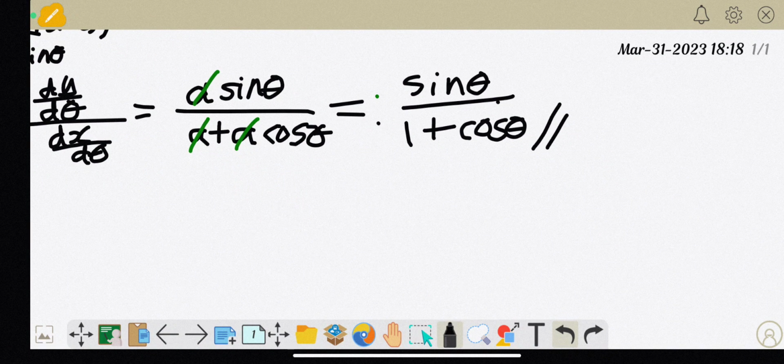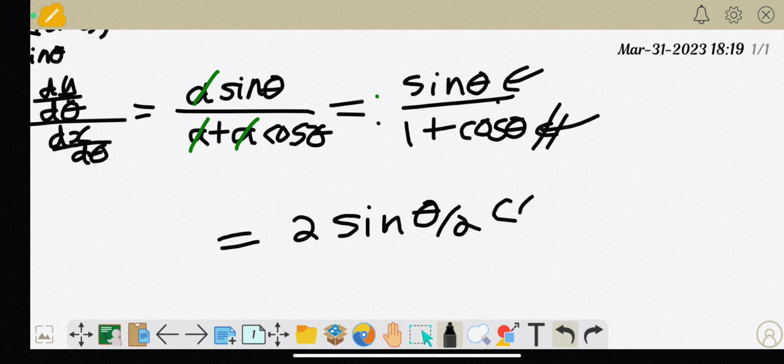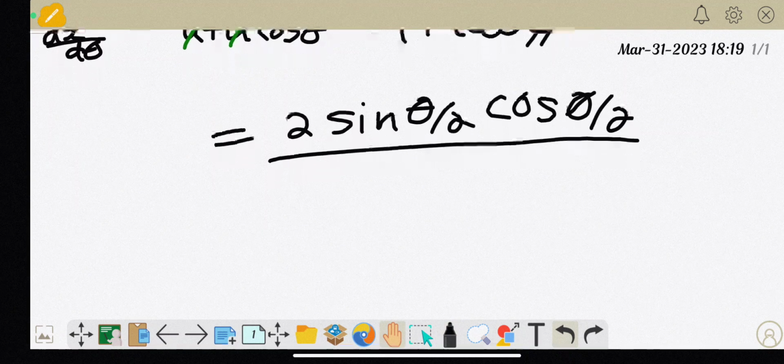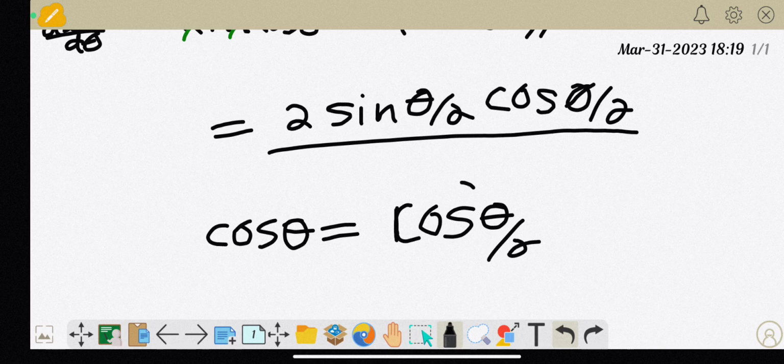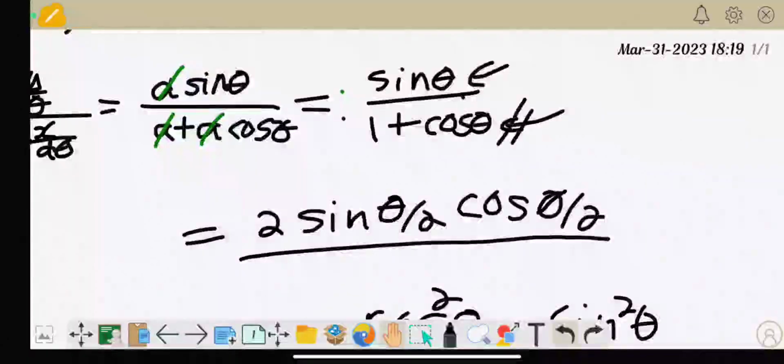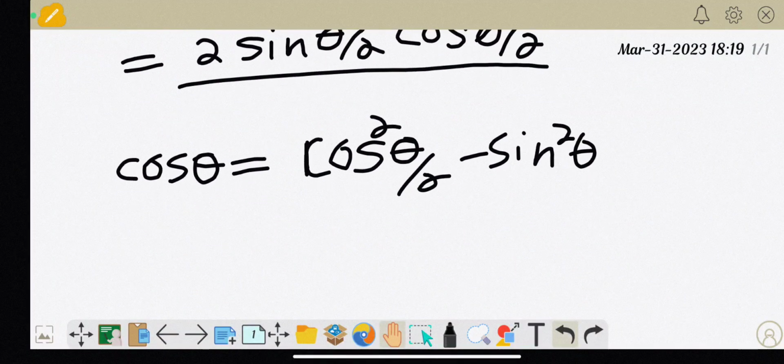What is the way you can solve it? You have to use the half angle formula. sin theta can be written as 2 sin theta by 2 cos theta by 2. Now 1 plus cos theta, how can you write? You can use the cos 2x formula: cos x is equal to cos square x minus sin square x. So here, cos square theta by 2 minus sin square theta by 2. But I want to keep it in such a form that I can cancel this.